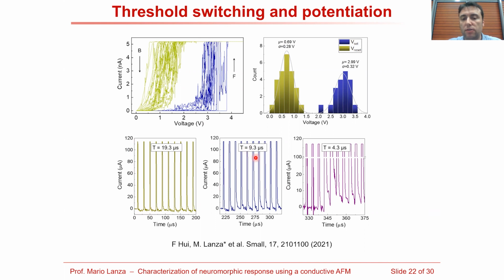And if we start to decrease the time between the pulses, this time is not enough to relax all the modifications in the atomic structure of the material system. And then if the time is too small, not only can it not relax, but we see an erratic increase of the conductance. This is what we will call the potentiation.